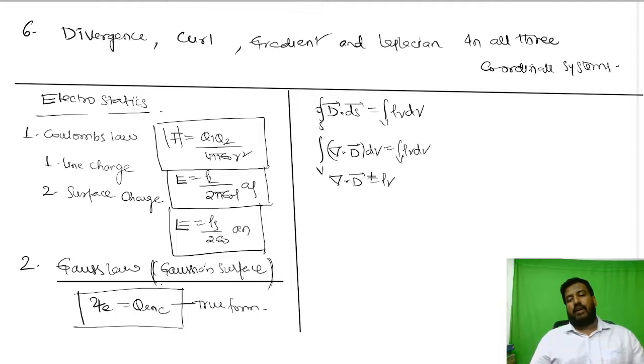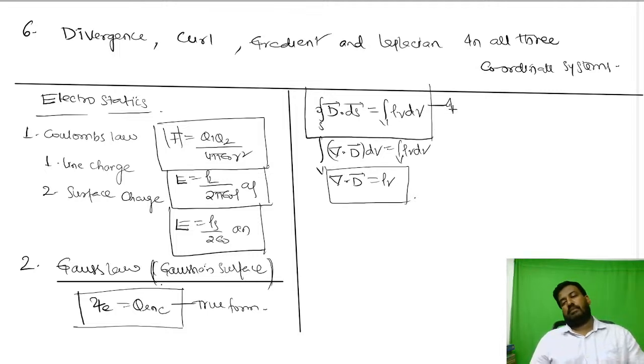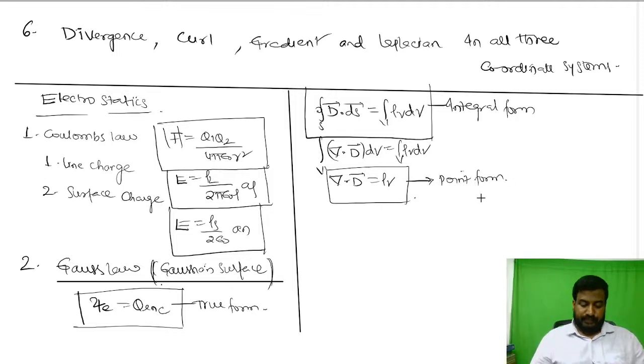Del dot D is equal to rho v. This is integral form. This is point form. You must go through this Gauss law for sure.